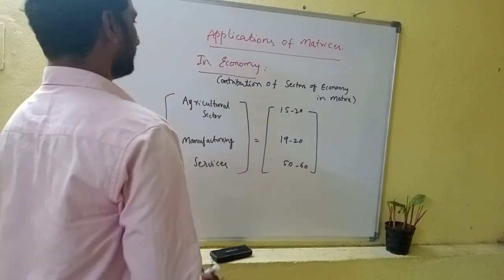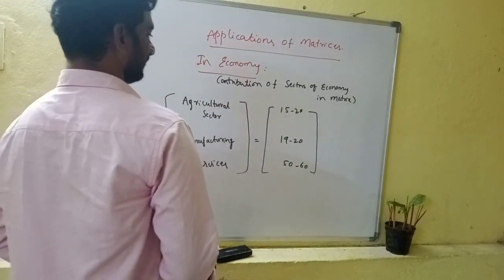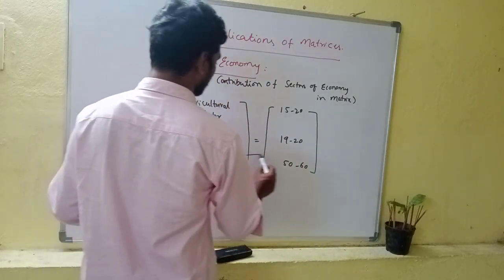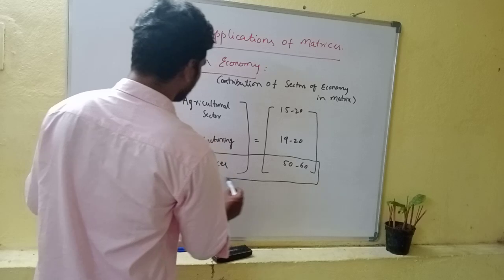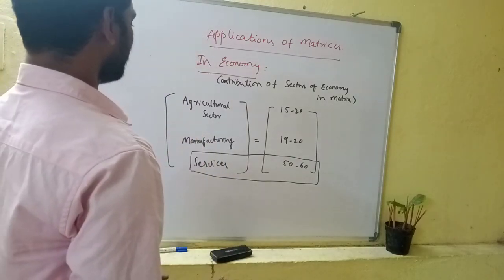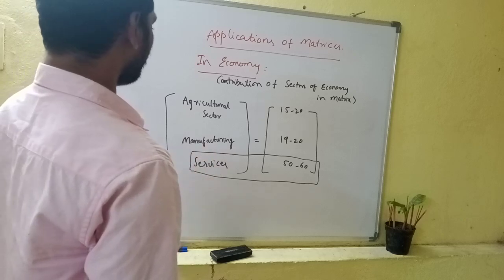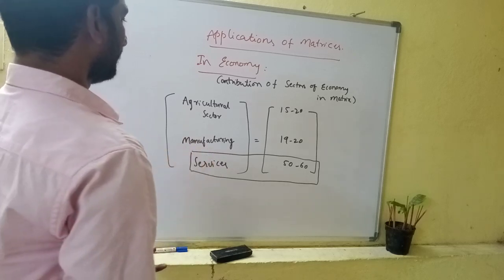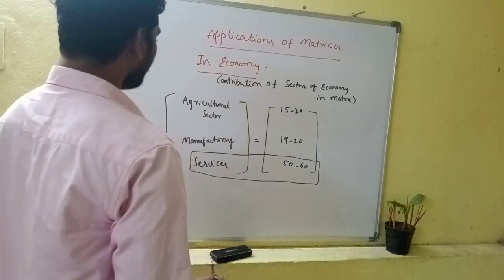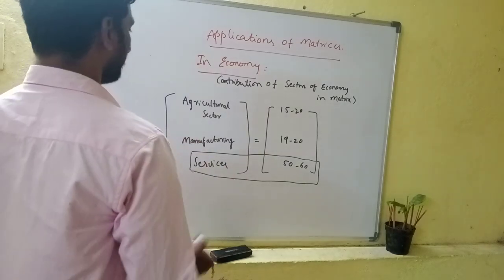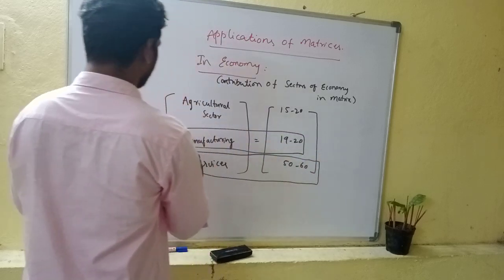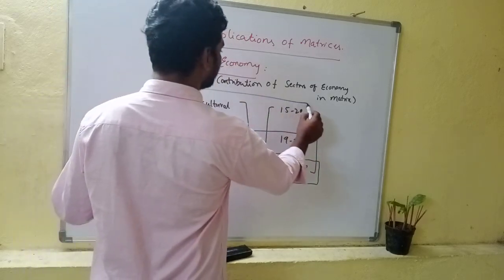So this shows that most of the contribution is made by the service sector. So if we put data in matrix form, we can compare various types of activities in a simpler way. Manufacturing contribution is 19 to 20. Again, agricultural sector contribution is 15 to 20.